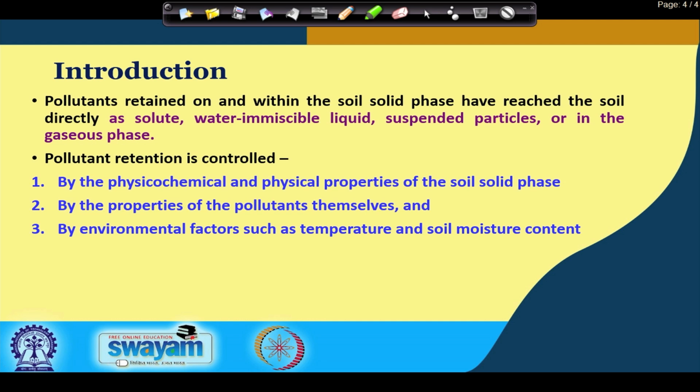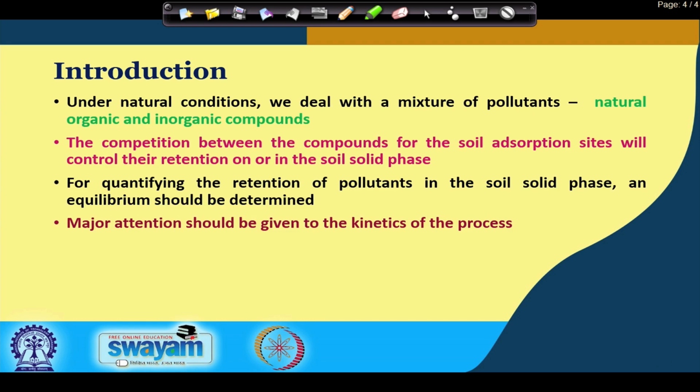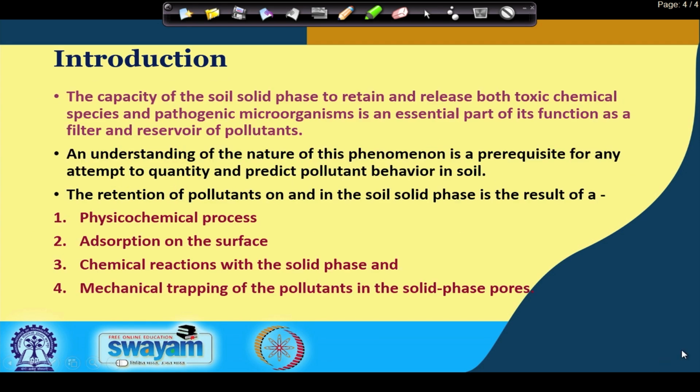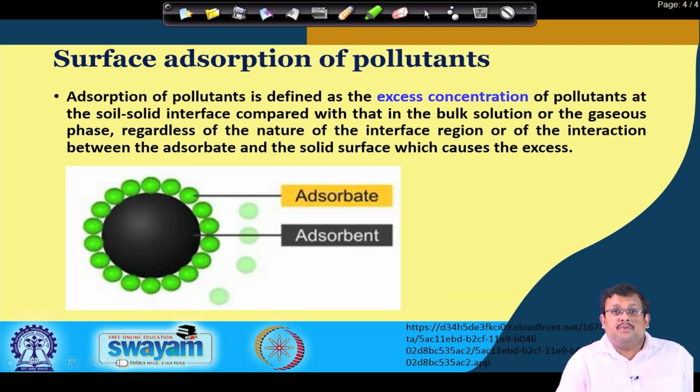In the introduction we talked about what are the major forces which are responsible for pollutant retention in the soils, and then we talked about the physiochemical process: adsorption on the surface, then chemical reaction with the solid phase, and mechanical trapping of the pollutants in the solid phase pores.